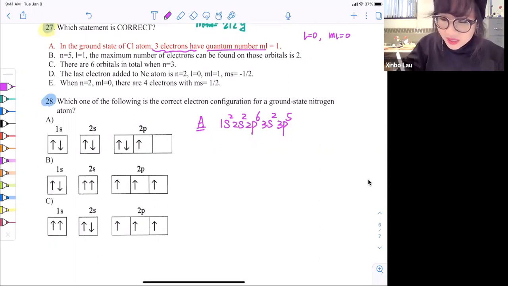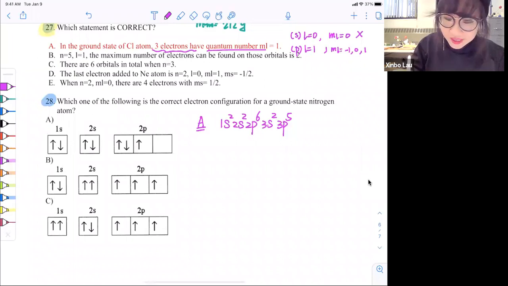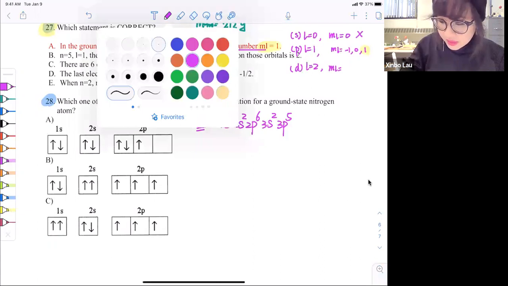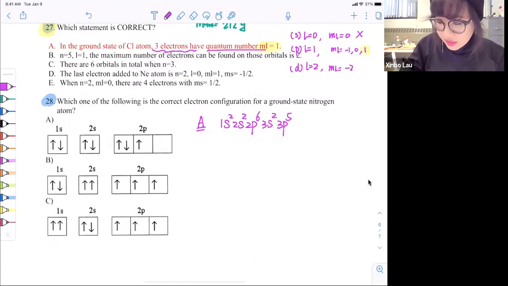So for s orbitals, you cannot have m sub L equals 1. If L equals 1, those are p orbitals, and m sub L can equal -1, 0, and 1. Oh look, here m sub L equals 1 is possible. Accordingly, for d orbitals, m sub L can equal -2, -1, 0, 1, and 2. Look, there's another case where m sub L can equal 1.